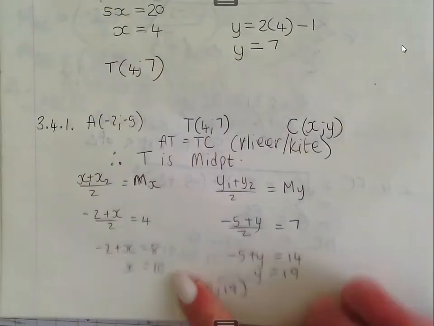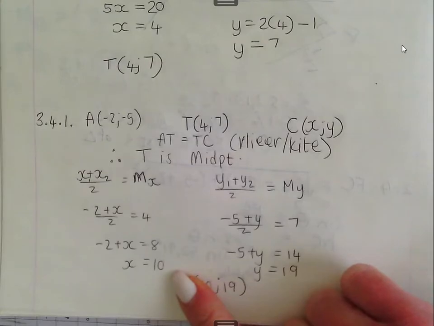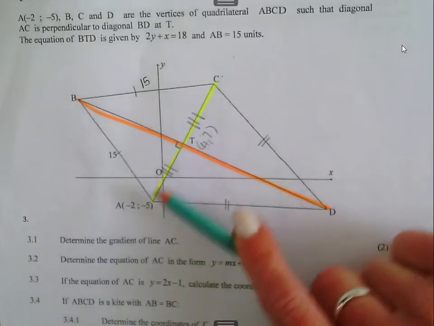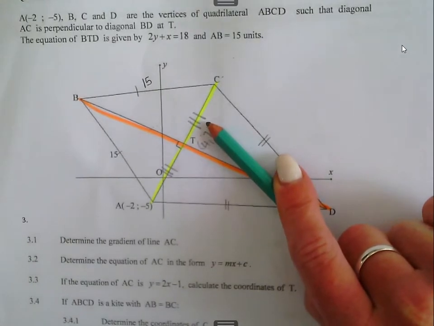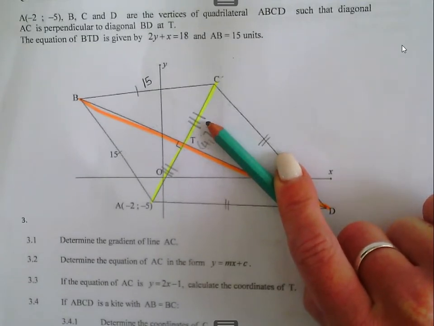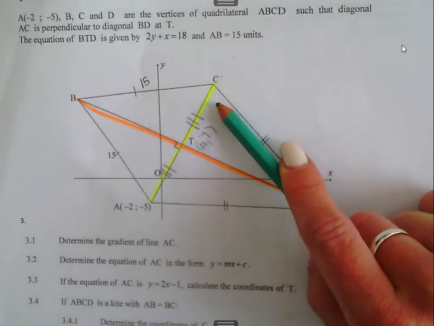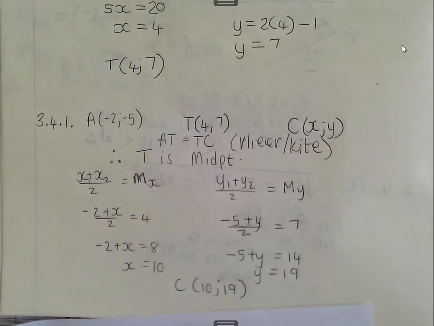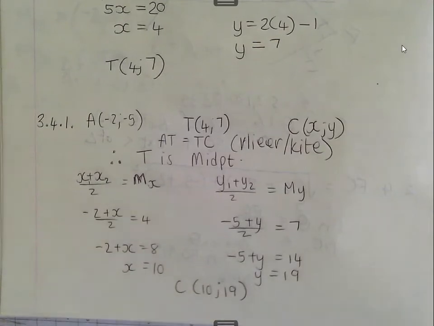What did we get? 10. Okay. The other one, -5 to 7. How much more is it? 12. No? Negative 5 to 7 is 12. And 7 plus 12? That's what we got. Okay.